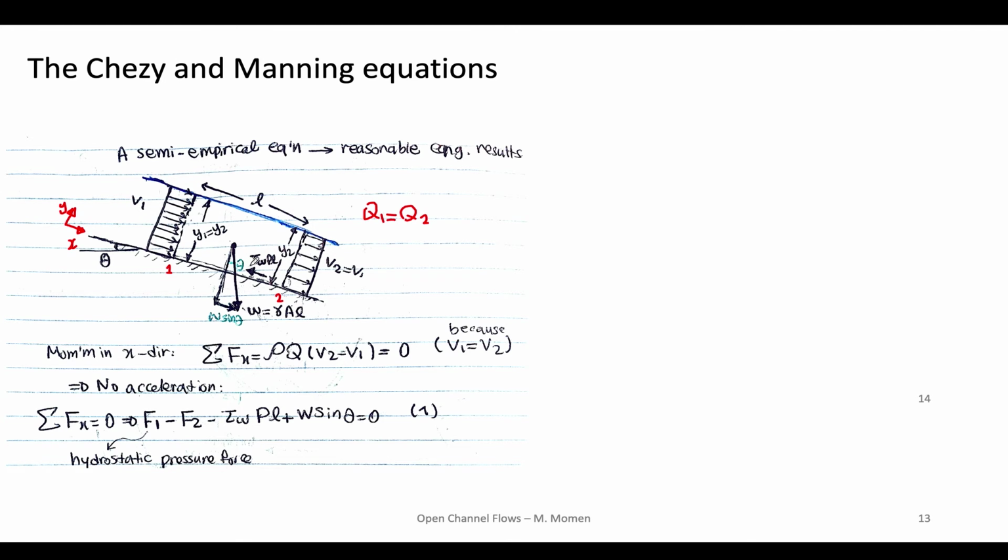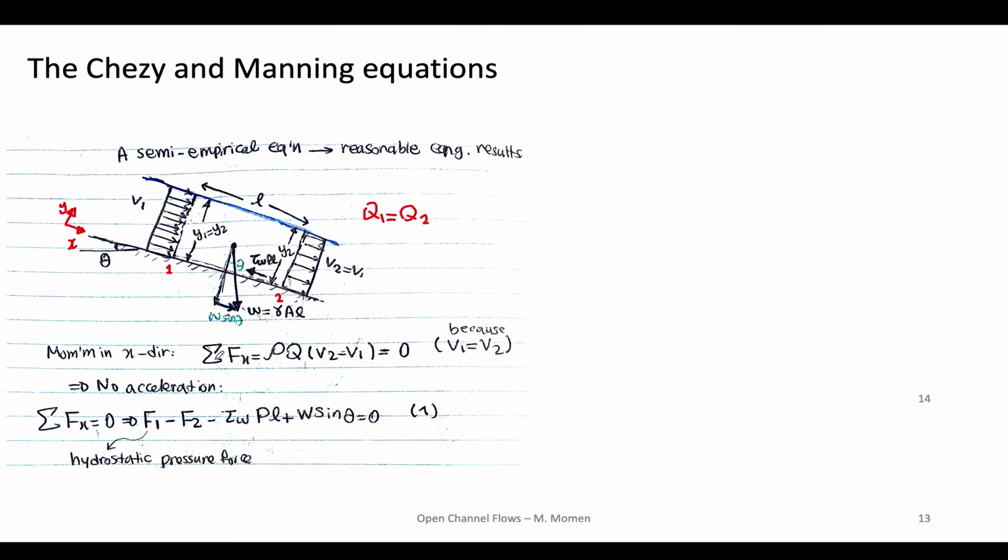First I divide the weight into two components, one along the channel and one normal to the channel. The component along the channel is W sine theta, which is shown here, and the other one is W times cosine theta.